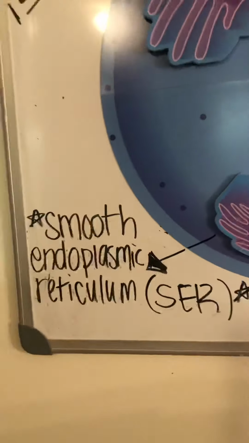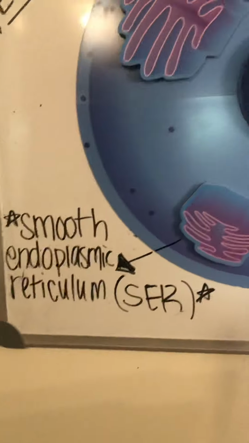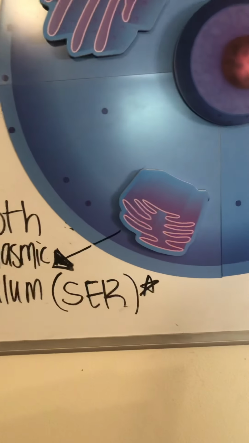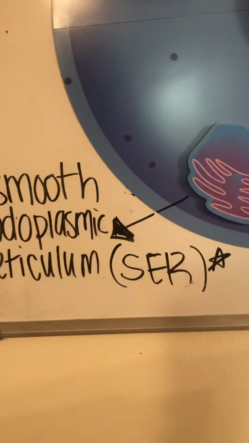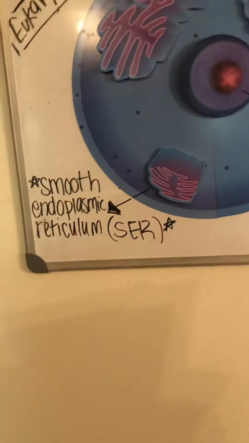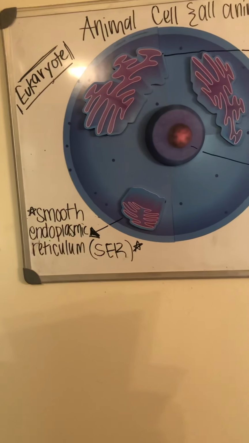Then the opposite of that, we have the smooth endoplasmic reticulum down here. The reason that one is called smooth and this one is called rough is because this one does not have those little dots, those little ribosomes. So this one has a slightly different job. What the SER does is it makes hormones and lipids, which are fats for the cell.